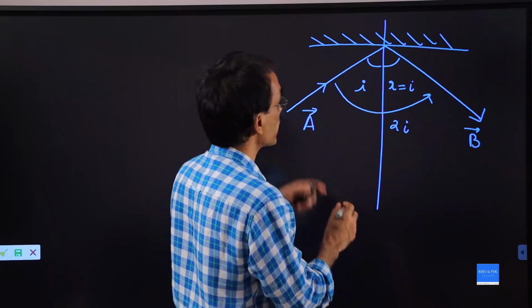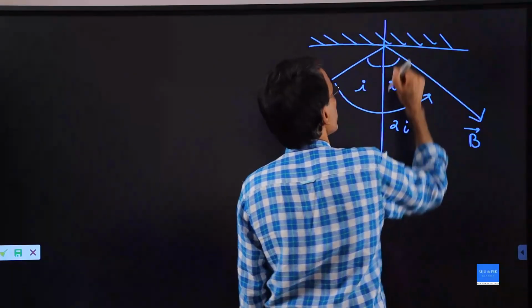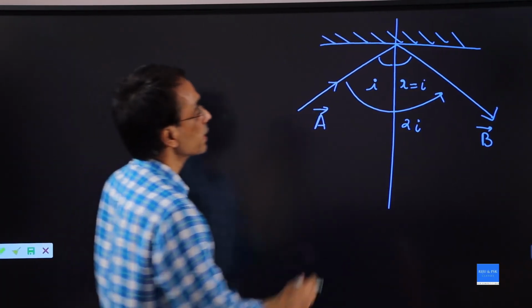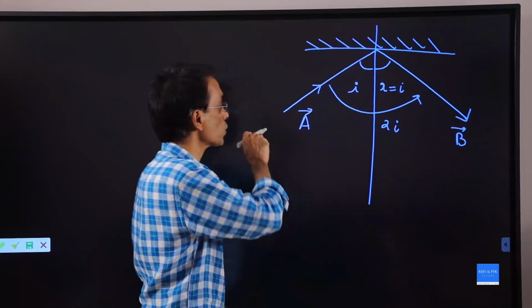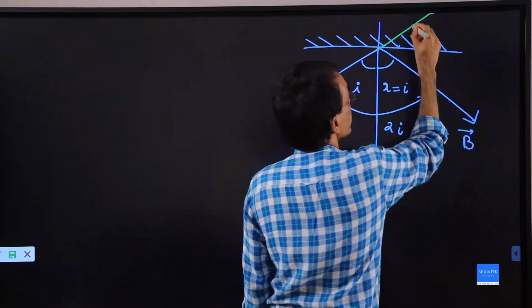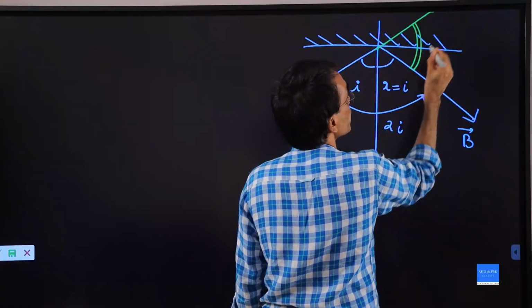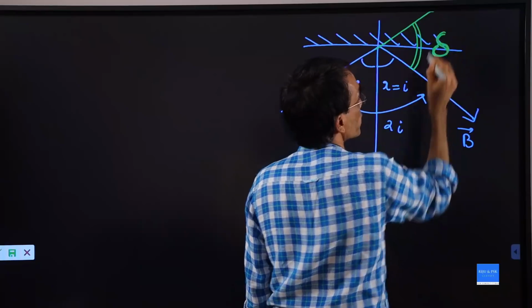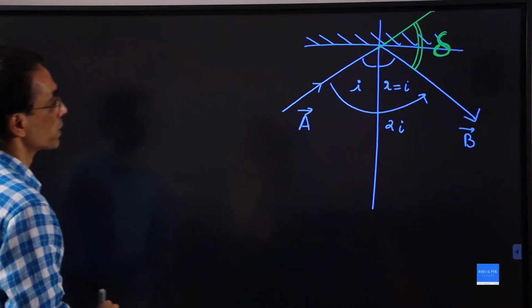The angle between two vectors is the angle between their forward directions. So this vector A has got a forward direction like this. This has got a forward direction. This is the angle between vectors, and that's what we call the angle of deviation in reflection. We studied this angle of deviation.